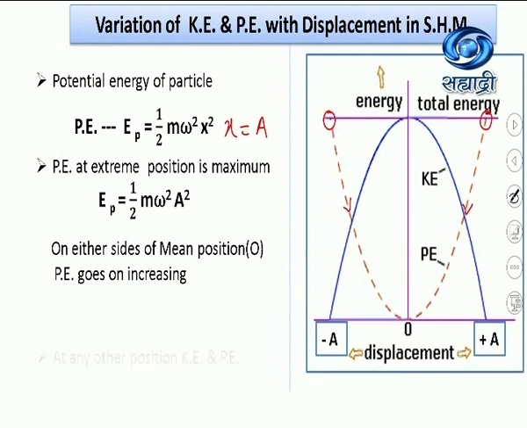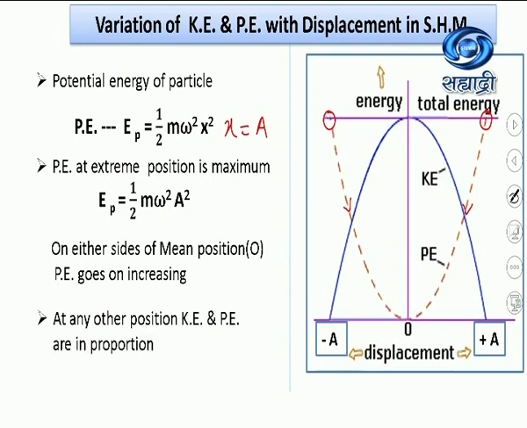This way, the potential energy versus displacement graph is a parabolic graph which is symmetrical about the energy axis. At the rest of the positions apart from mean and extreme positions, the kinetic and potential energy are in proportion. That is, total energy is partly kinetic and partly potential.